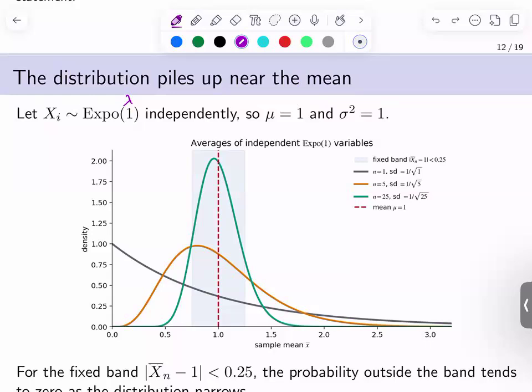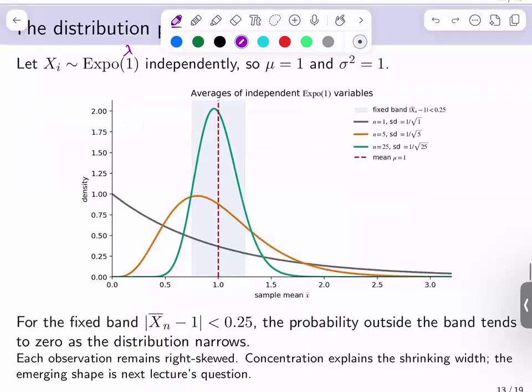So if you look at this, this is the single exponential, the average when n is equal to 1. You can see this is the density at n equal 1. This is the density at n equal 5, and this is the density at n equal 25. If I look at a fixed interval around the mean, this shaded area captures that interval.